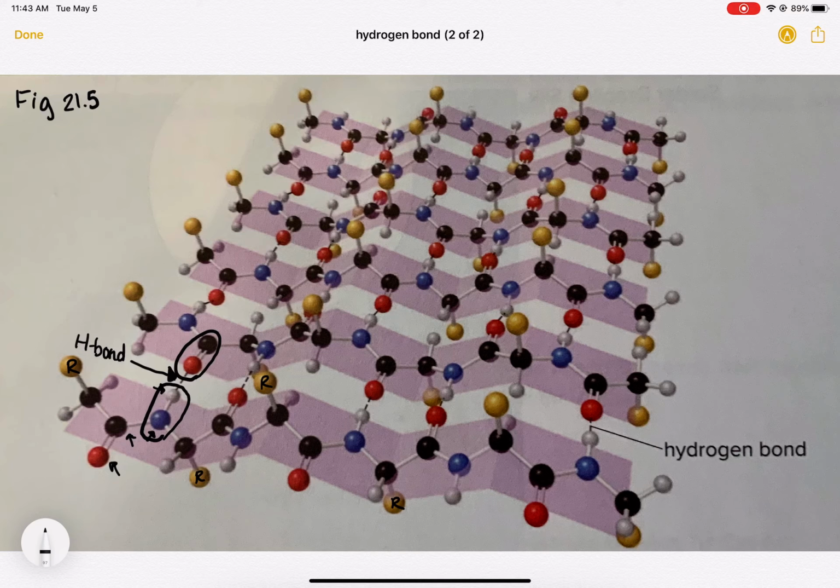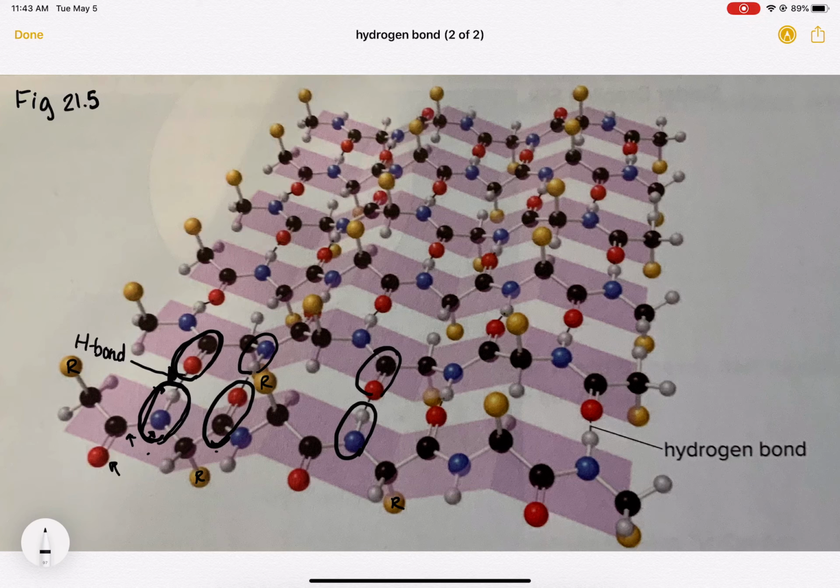And for this, there isn't a set number of amino acids. With the alpha helix, it's hydrogen bonding between every fourth amino acid. With this beta pleated sheet, there isn't a set number, but what we see are 2 amino acids that are side by side. So this amino acid, which is side by side to this amino acid, which is side by side with this amino acid, they are hydrogen bonding to a similar set of side by side amino acids.